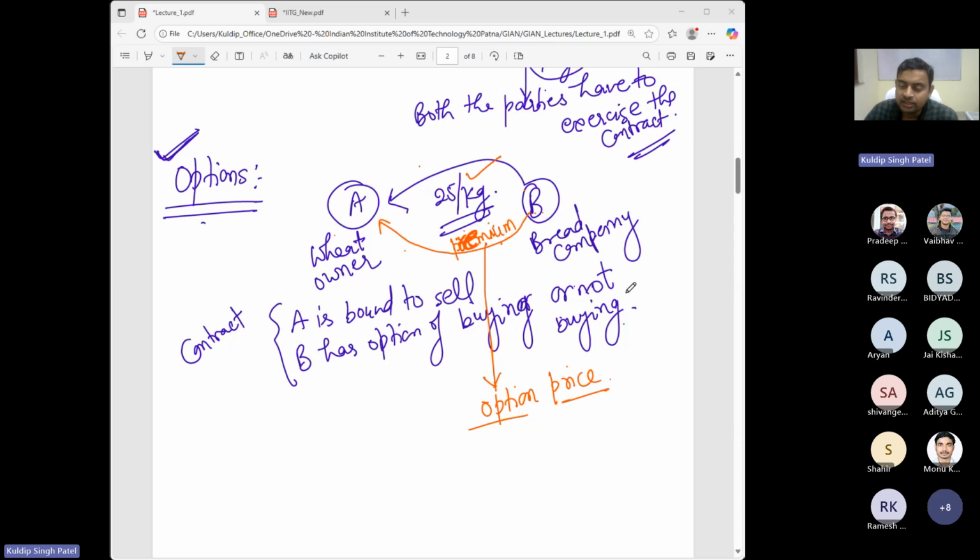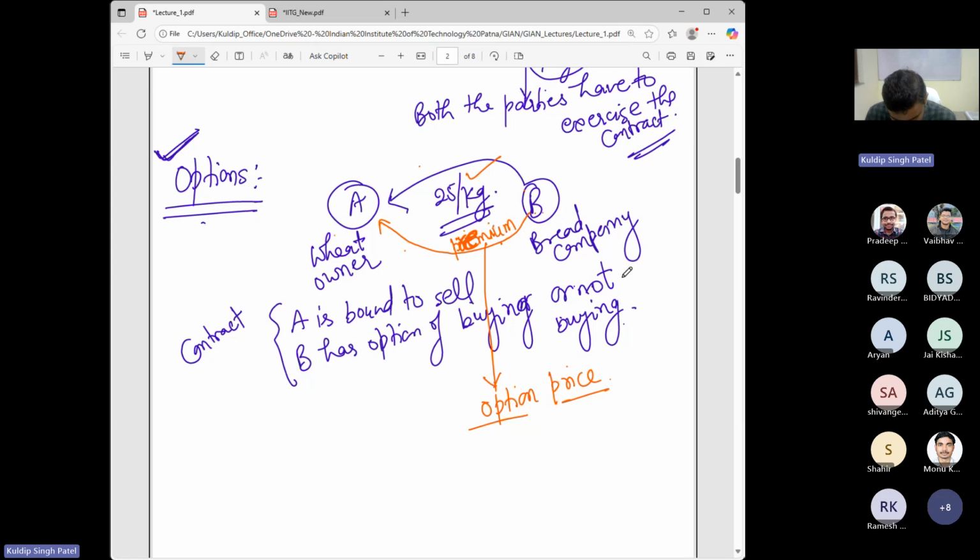Okay, I'll repeat, Aditya. A and B are in a contract: A has a lot of wheat and B is the owner of a bread company. B wants this kind of contract: if I want to buy your wheat at a certain rate, I will buy; if I don't want to, I don't.